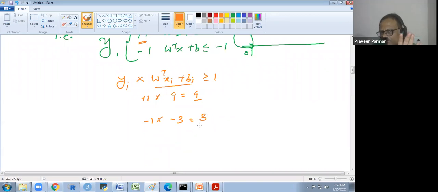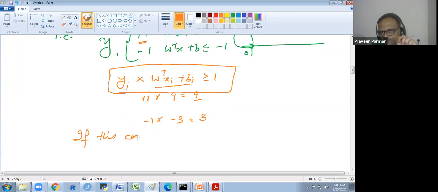So if this condition is not satisfied, this is the important condition we have. If this condition is not satisfied, what does it mean? There is misclassification.